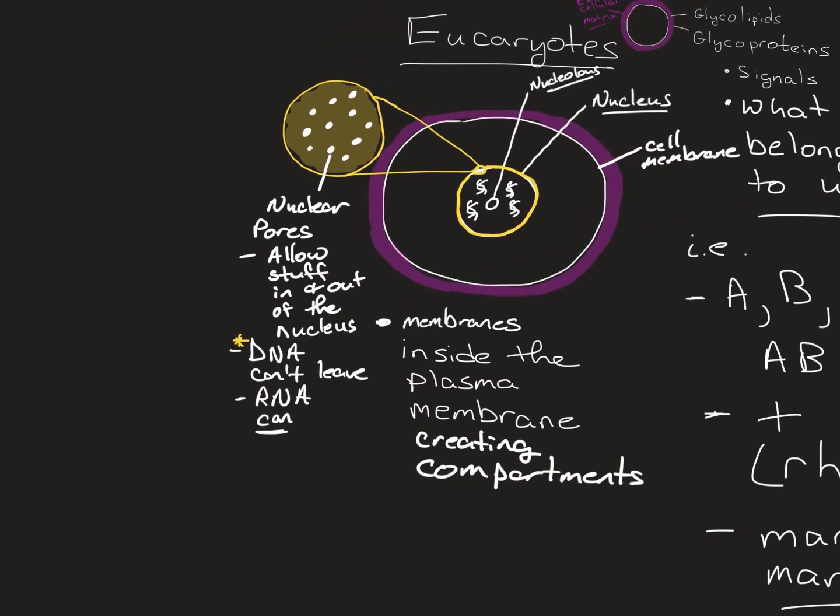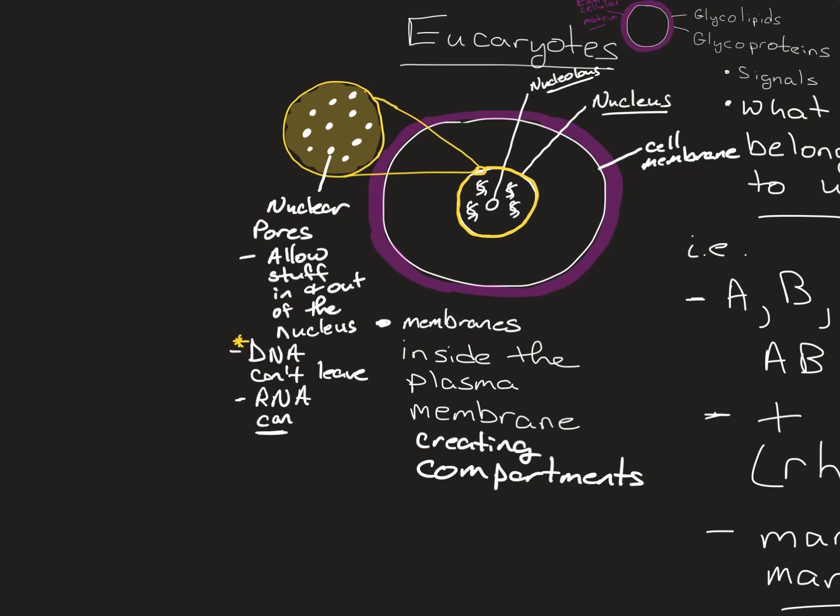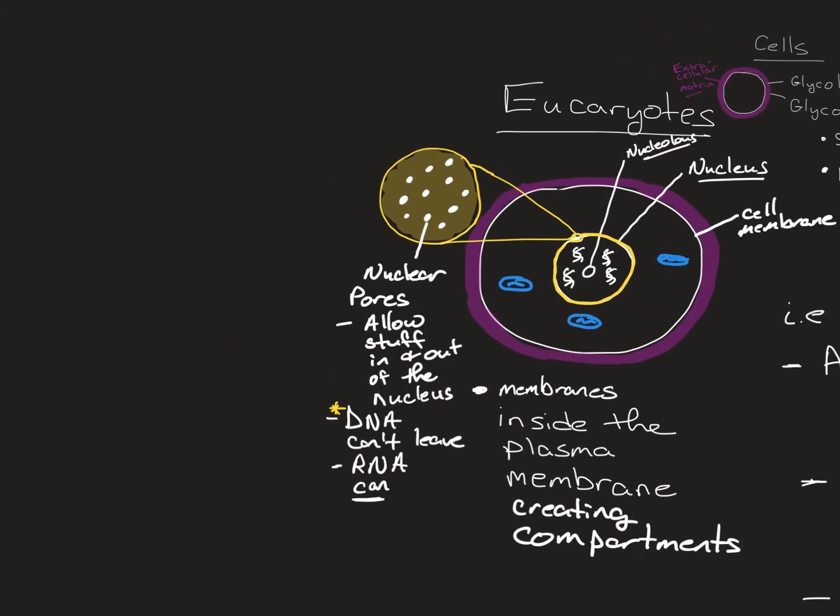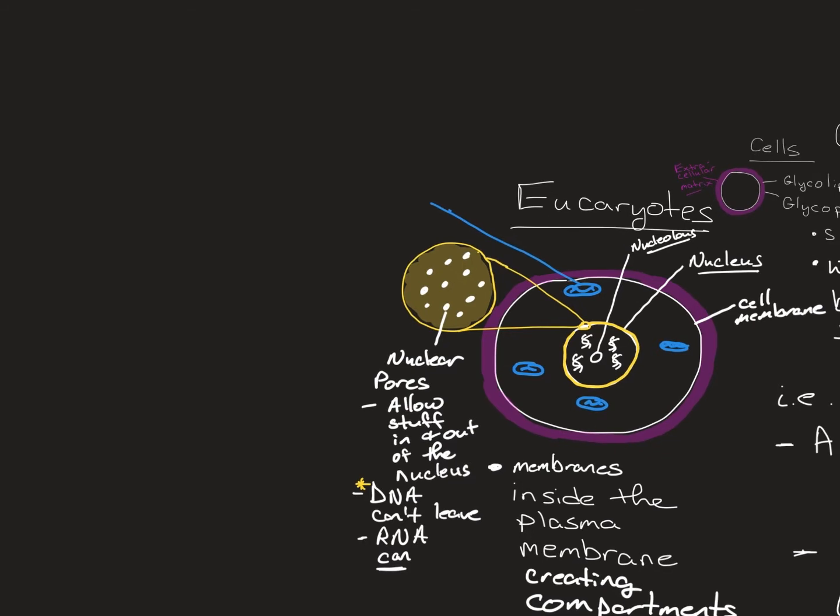There's another organelle in this eukaryote, and it looks like this. Let me see, color coded. I'll make it blue. There's a lot of these, and again, they have a membrane. They're folded. There's a double membrane. And it's called a mitochondria.